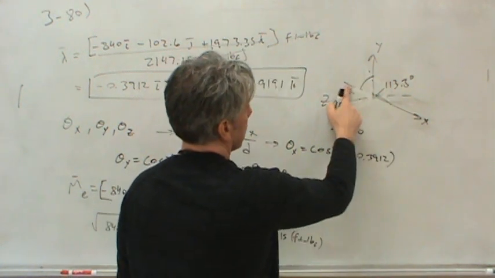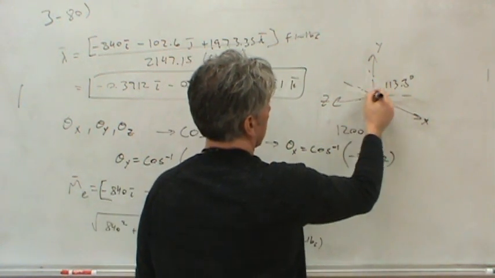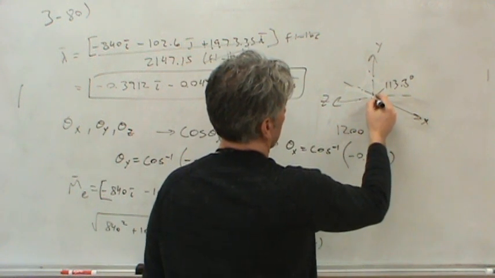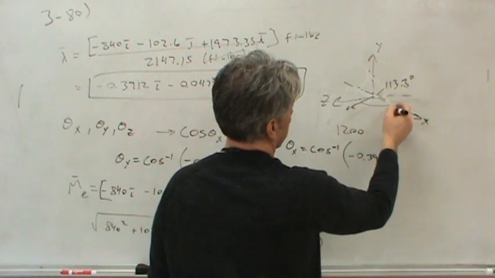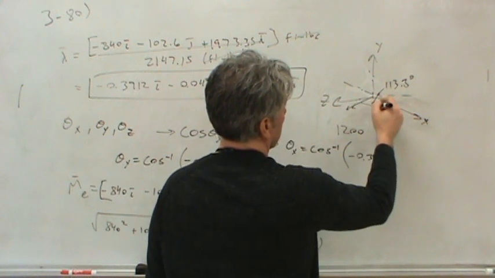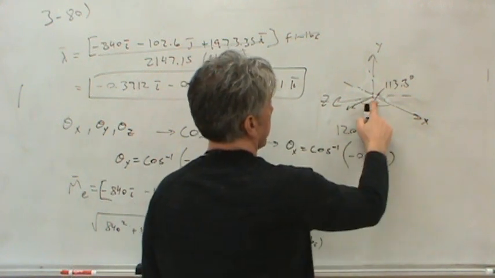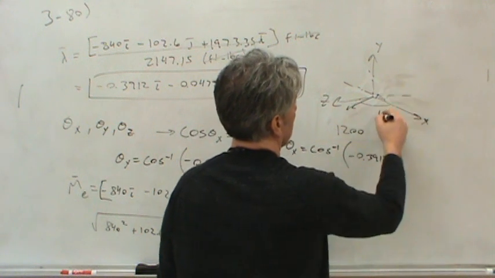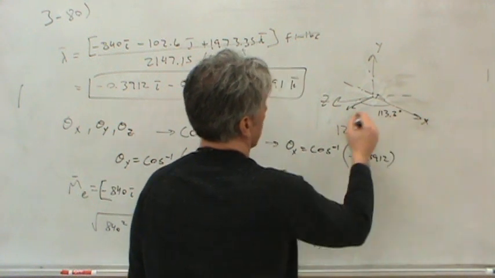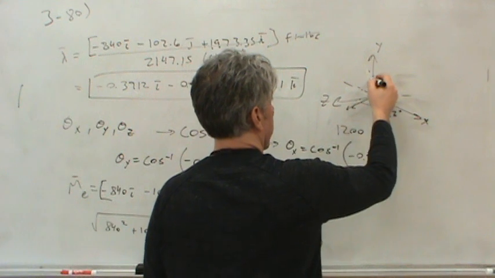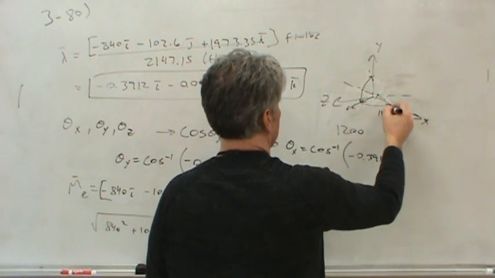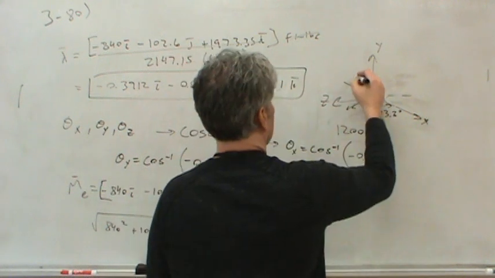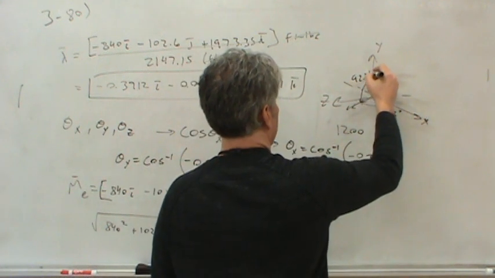It should be below, right? Something like that. Now you can really see the 113.3 degree angle. Let me put it down here so it makes more sense. So off of this axis, that angle is 92.74 degrees.